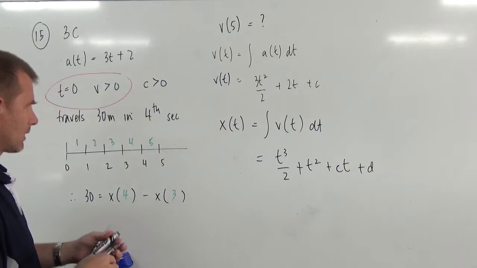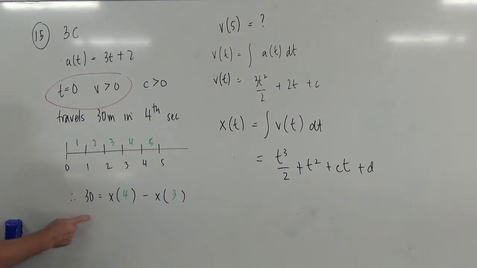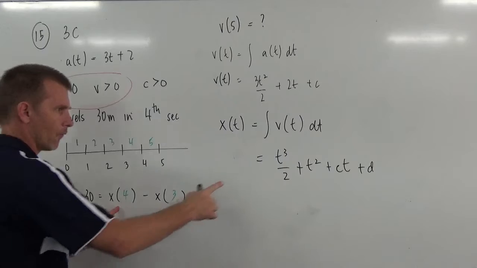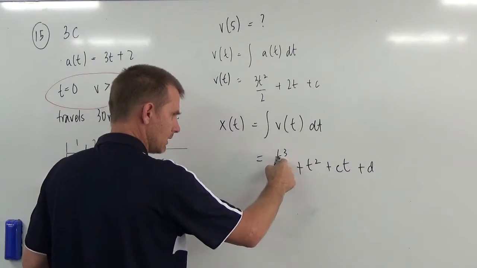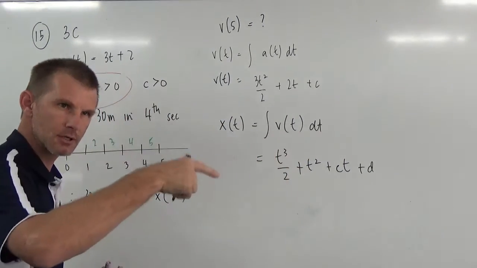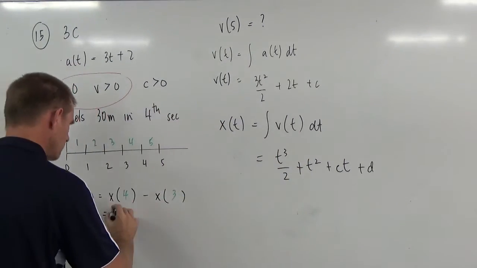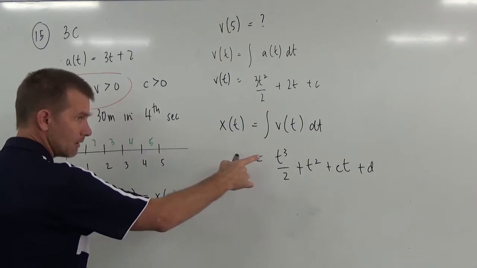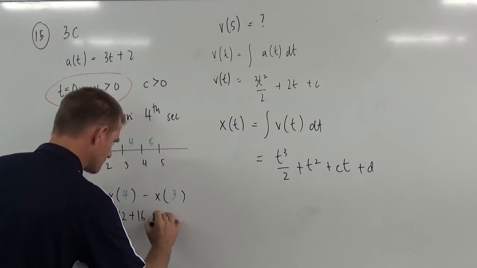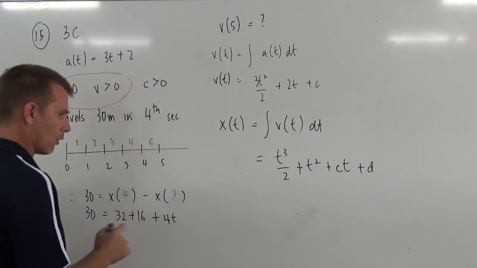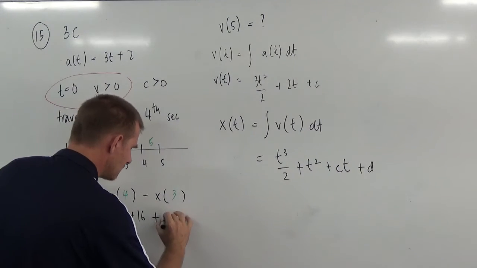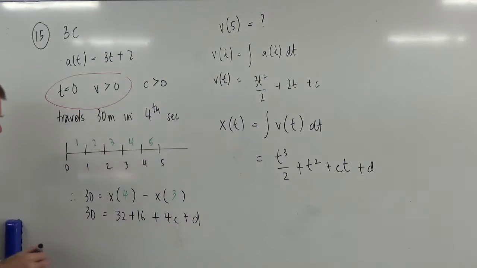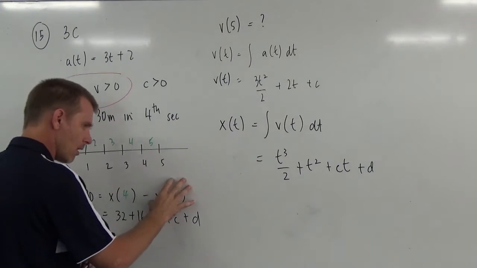So, let's have a look here. If I put it into this formula here now, I'll get 30 equals. Now, x of 4 is going to be 4 in here. So 4 cubed, 16, 64 over 2. That's going to be 32 plus 16, 4 squared, plus 4c. Now, it would be plus d, okay? But then I'm going to minus all of this.